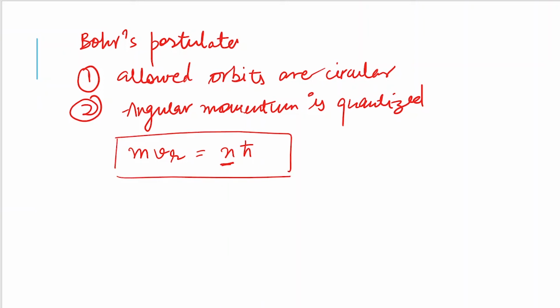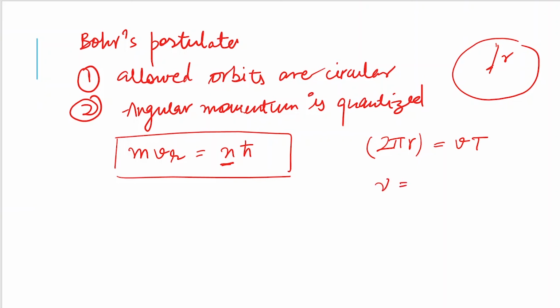And because it is orbiting in circular motion, we can write this as 2 pi r, the circumference of the circular orbit having radius r, over the orbiting velocity, which gives its time period. So our frequency comes out to be v over 2 pi r.